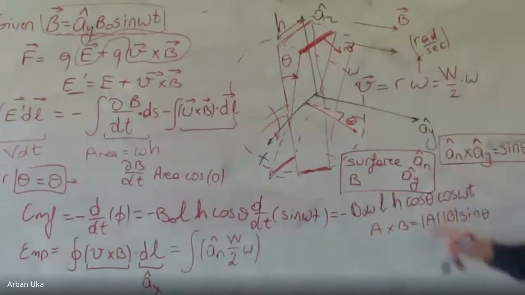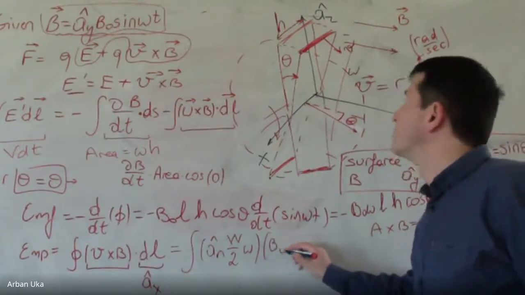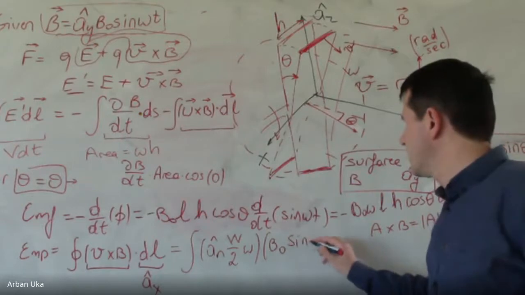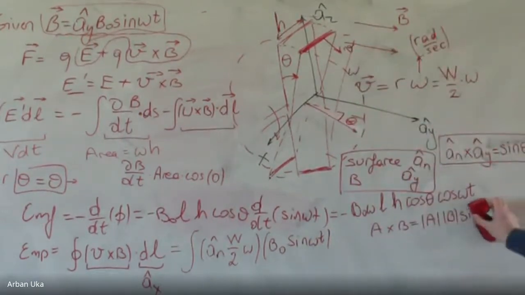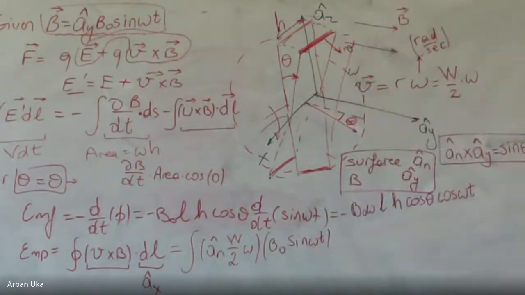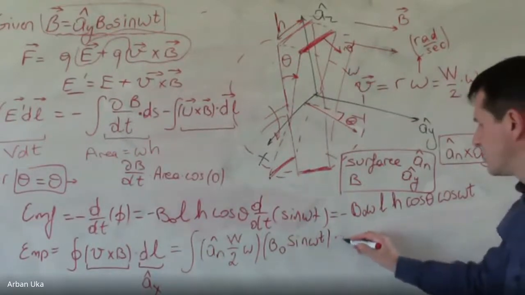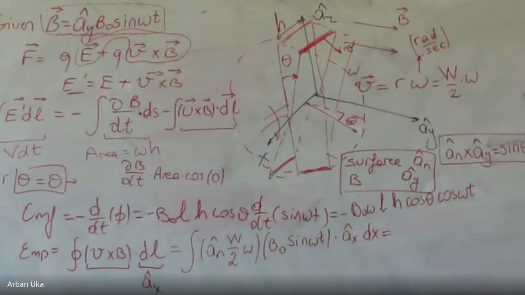So now this is the velocity V cross B, where B is equal to B0 sine omega t, and this whole thing is the dot product of AX dx. Okay, so this is what we need to get from here.